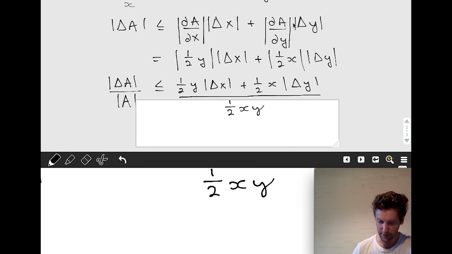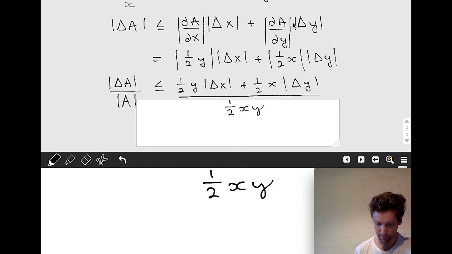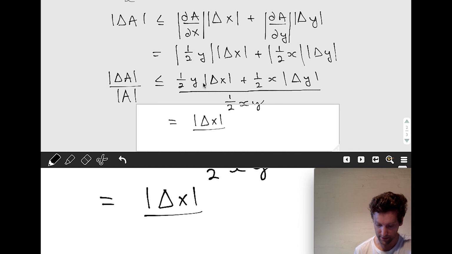So let's see what that expression becomes when I do some cancellation. I've got 1/2 y delta x divided by a half xy. So you can see that the factor of a half times y will cancel, and leave me with delta x divided by x.